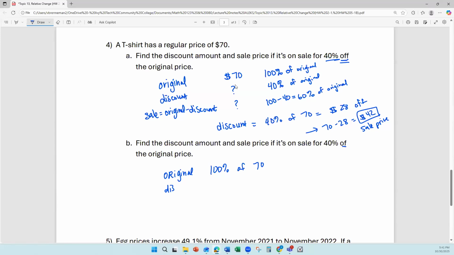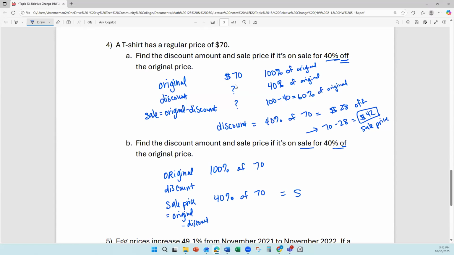The discount, we don't know. The sale price is 40% of the original price. So the sale price is 40% of the original price, 70. And that is the original minus discount.